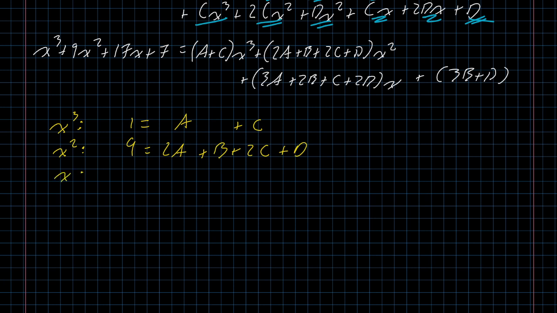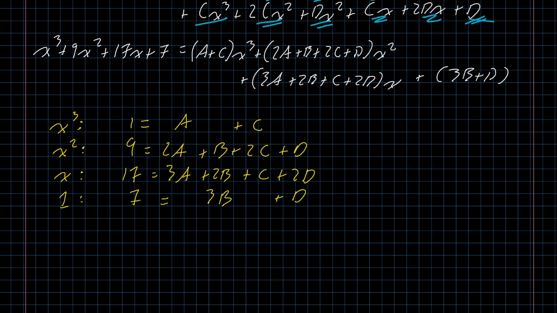My linear terms, I've got 17 equals 3a plus 2b plus c plus 2d. And my constant terms, I've got 7 equals 3b plus d.